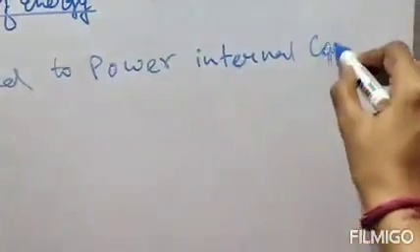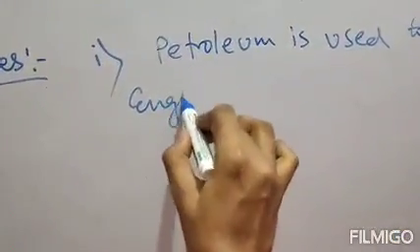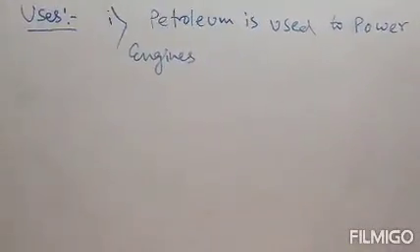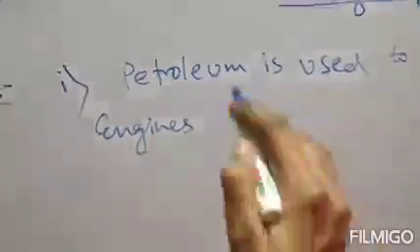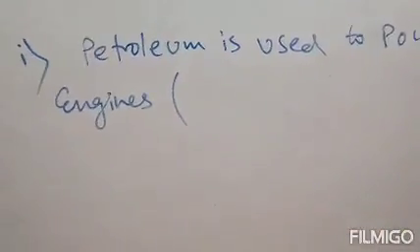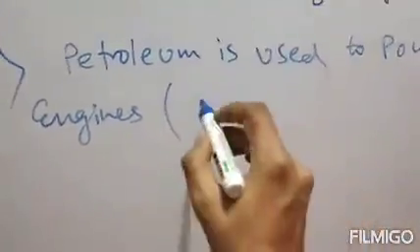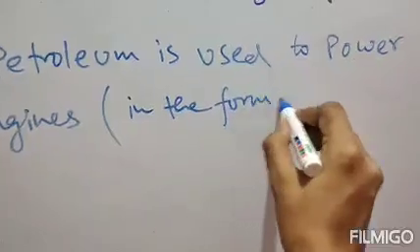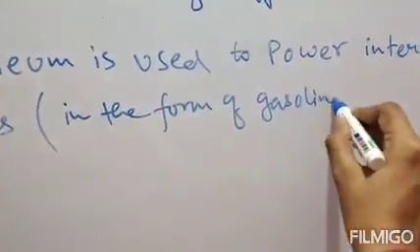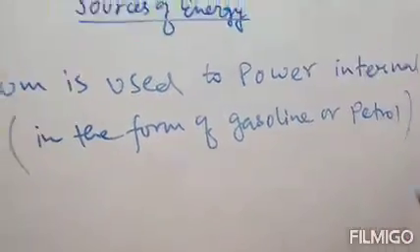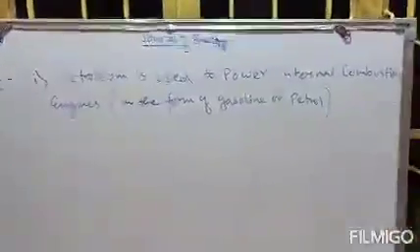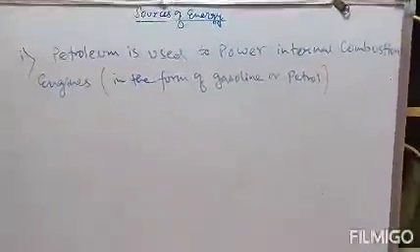So the first use is that petroleum is used to power internal combustion engines. That means the petrol or gasoline form of petroleum is used to power internal combustion engines. So write in bracket, in the form of gasoline or petrol. So this is the first use.